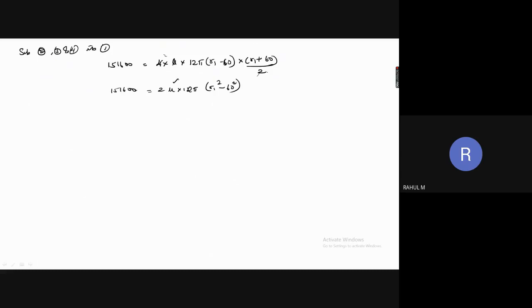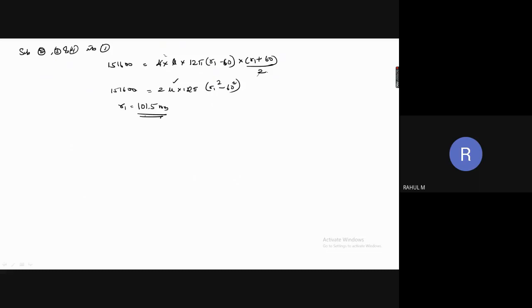Now the mu value is given, and all the remaining values you know. Just substitute these values and find the value of R1. If you substitute those values, you will get the value of the radius R1 as 101.5. So that's it.